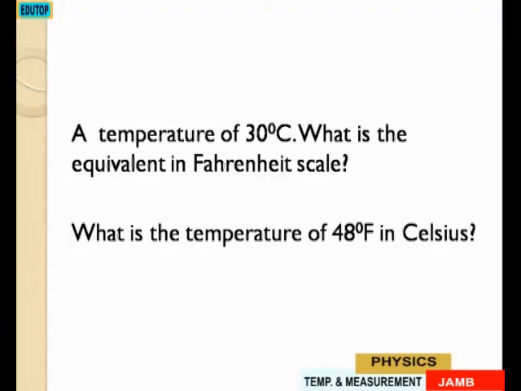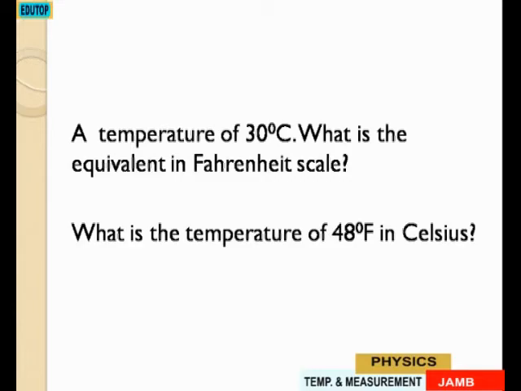Question number 4. What is the temperature of 48 degrees Fahrenheit in Celsius? The one we just did right now is conversion from degrees Celsius to Fahrenheit. The one we want to solve now is conversion from Fahrenheit back to Celsius. And we are still making use of the same formula.